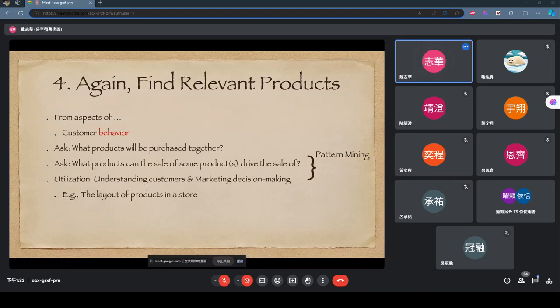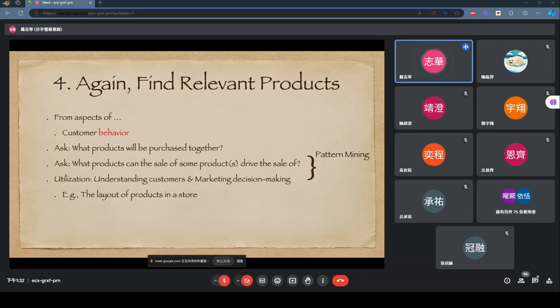But here, what we ask is, given two data objects, what attributes are in common?